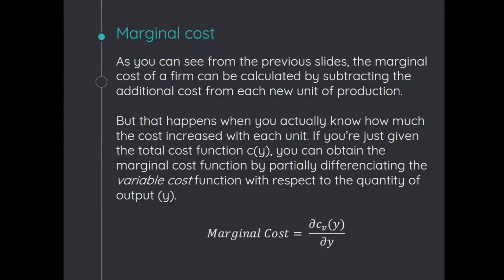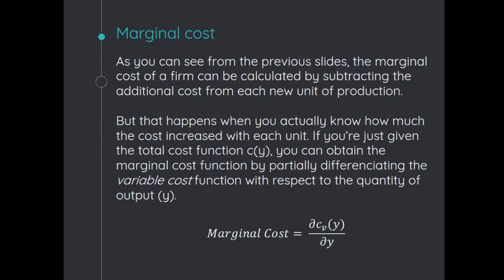Whatever that total cost function was, you take the derivative and you find the marginal cost function. Or you can use the method in which you subtract one output's cost from the other, like in the previous table that I showed a couple of slides ago.